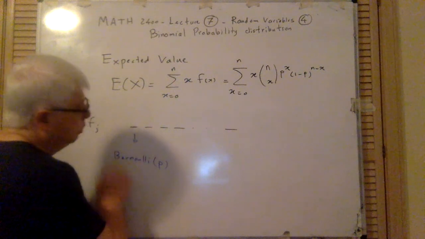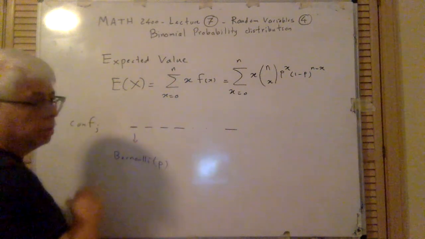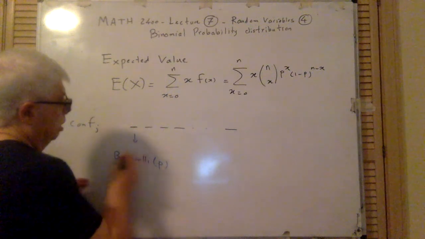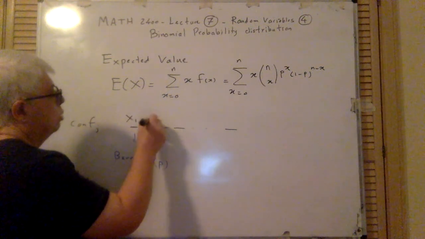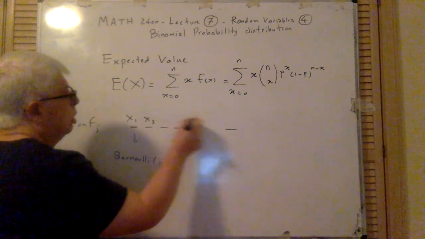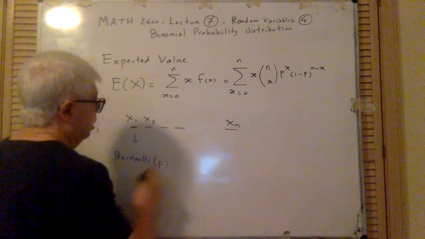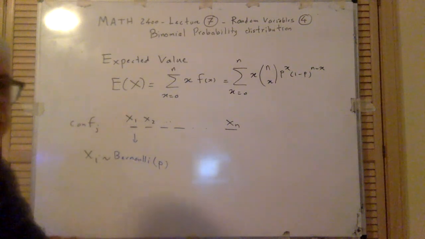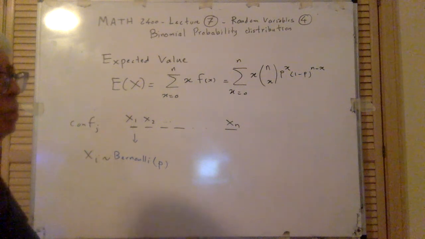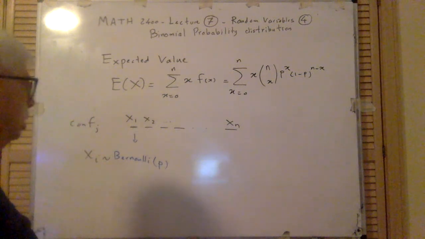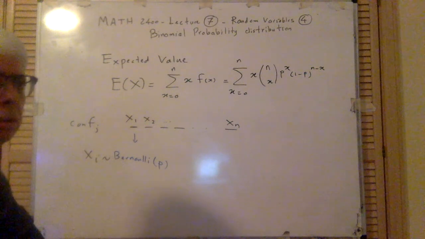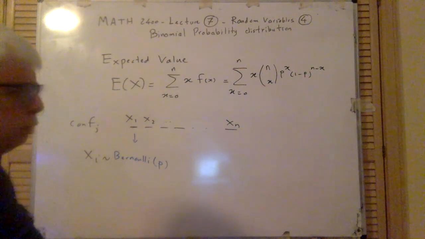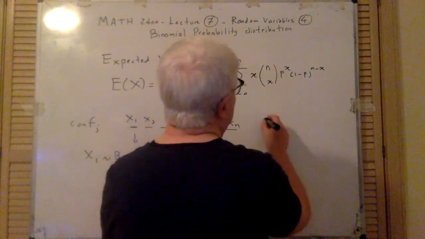So each one of them is a Bernoulli process, and all of them are the same. So if I call them x1, x2, up to xn, each xi is a Bernoulli process, right? So what do I have here? And what is x in fact?